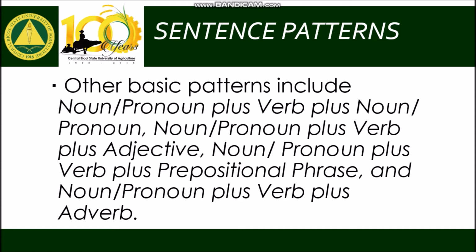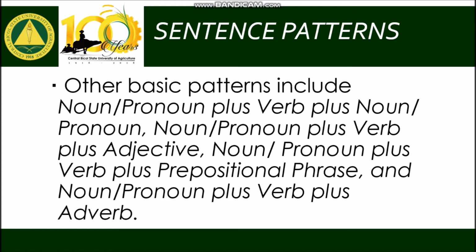Noun, pronoun, plus verb, plus adjective. Ano pa example nito? She is beautiful. The pinaka-common pag humingi ang teacher ng example ng sentence, ang palagi binibigay ay she is beautiful. Kasi nga, yung is ay linking verb. So, verb pa rin siya. She is beautiful. Beautiful is an adjective. Noun or pronoun plus verb plus prepositional phrase.